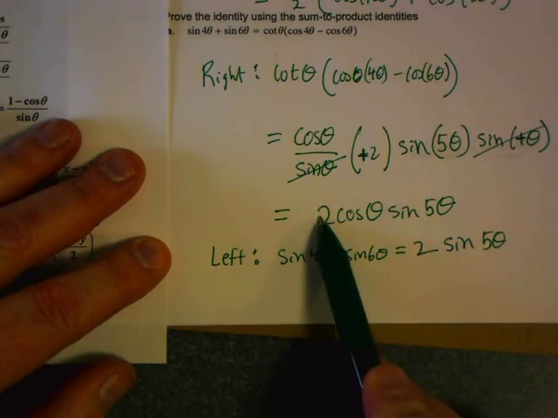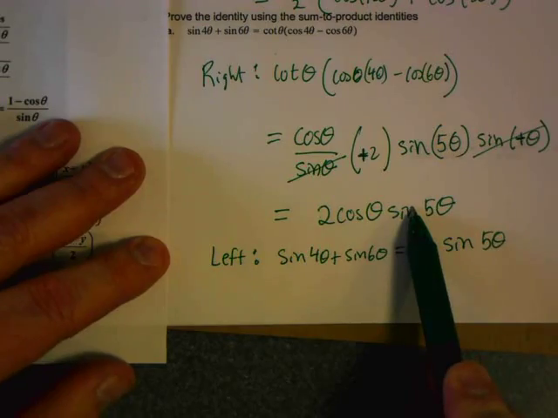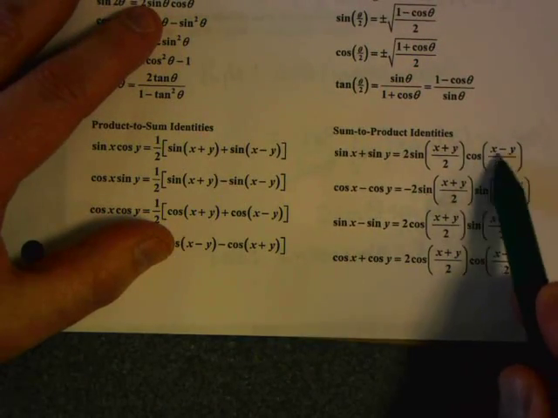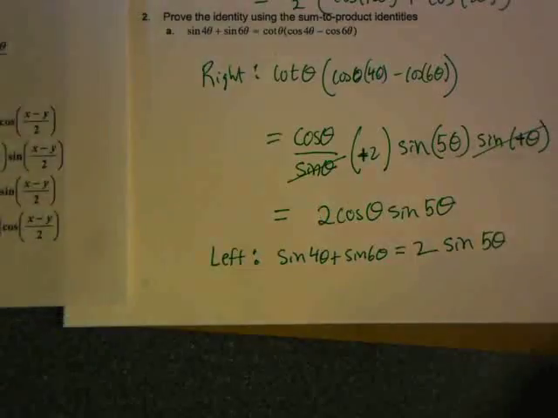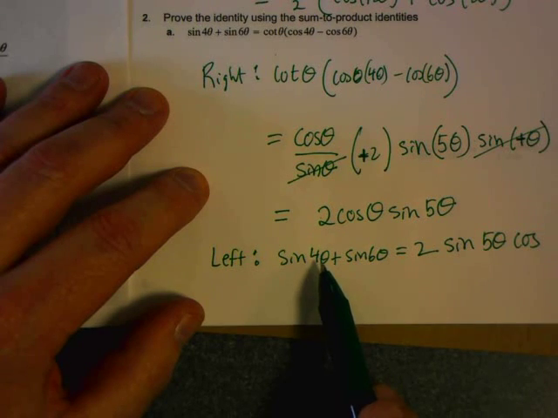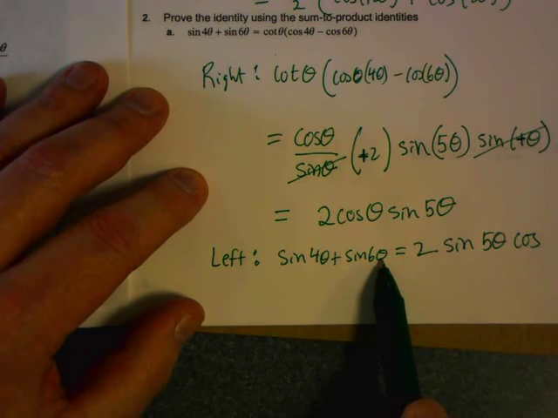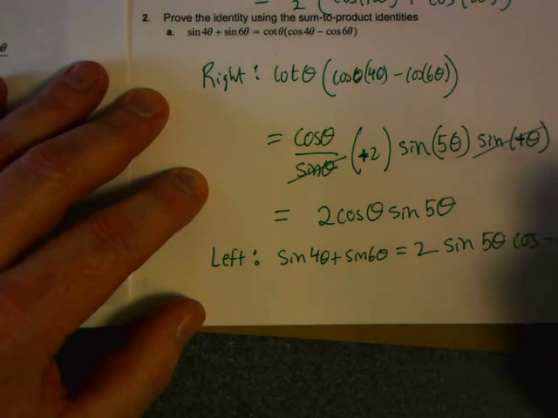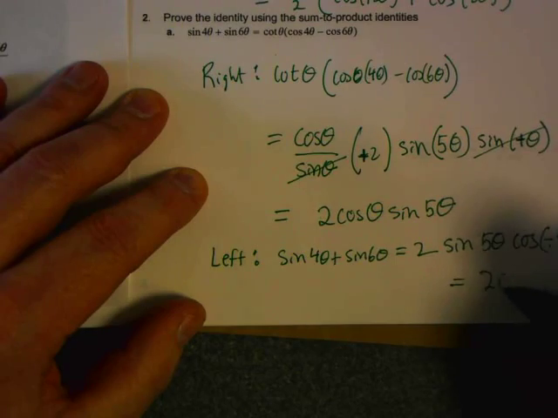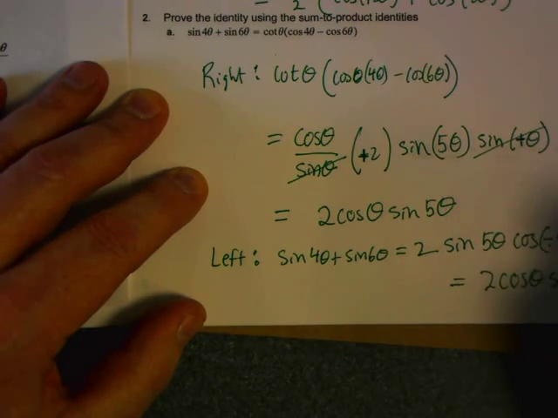I've got a 2, I've got a 2, I've got a sine 5 theta, I've got a sine 5 theta. Finally, I need a cosine, subtract the things and divide by 2. If I subtract them, 4 minus 6 is -2, divide by 2, -1. But then what does cosine do to negative signs? It obliterates them. 2 cosine theta sine 5 theta.